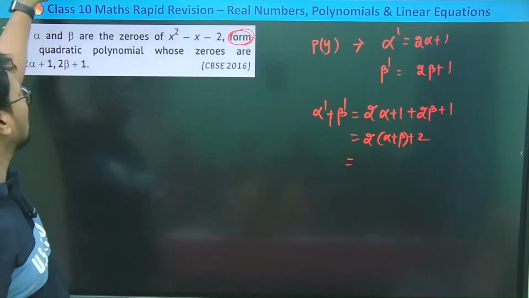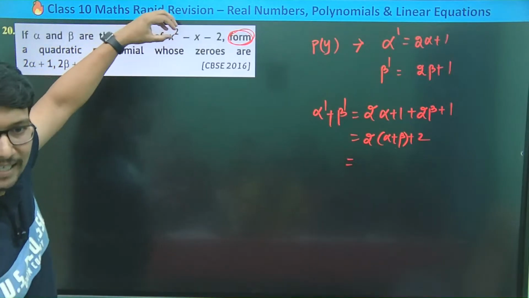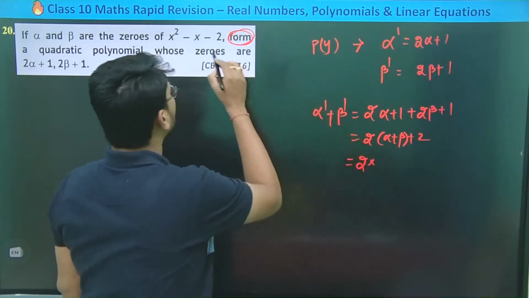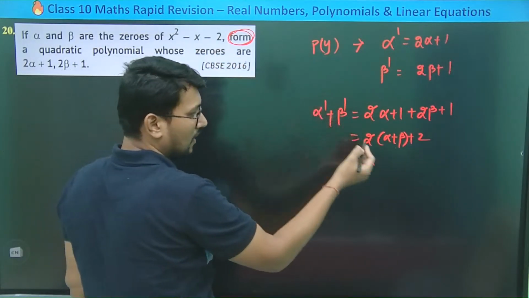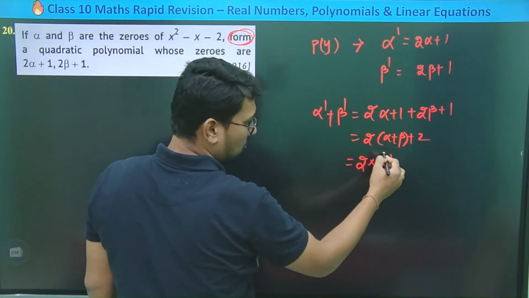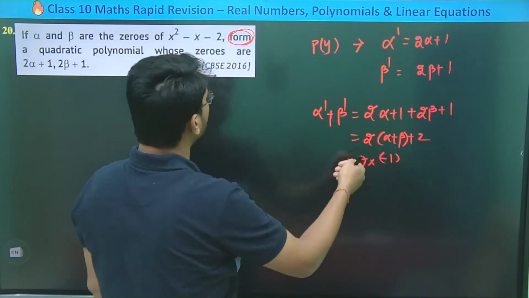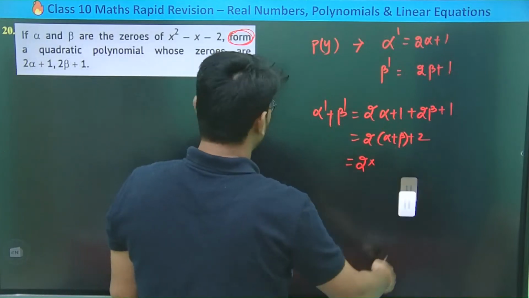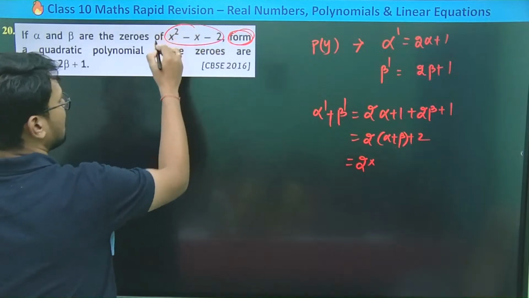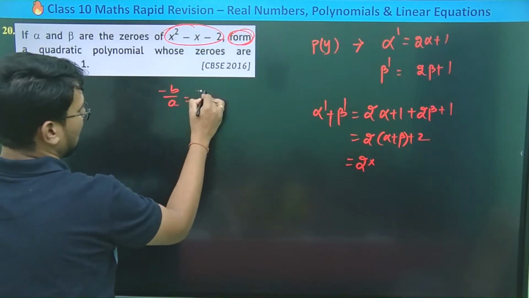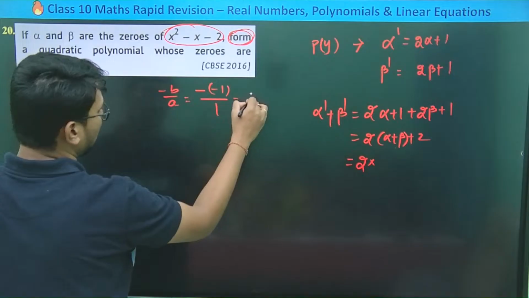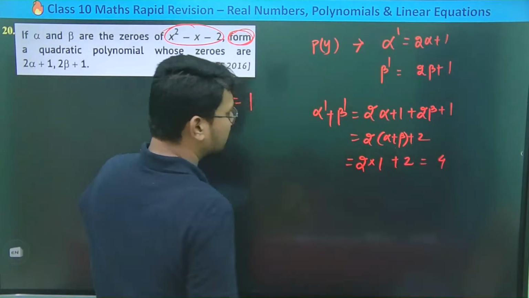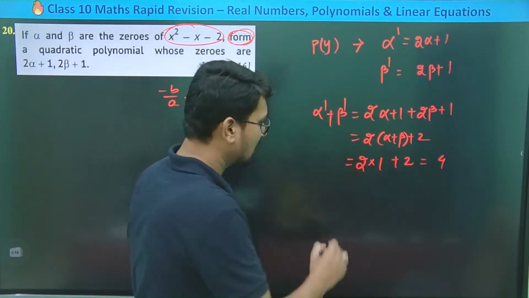It is minus b by a, here minus of minus 1 by 1, that is plus 1. So 2 plus 2 is 4. Alpha dash plus beta dash is 4.